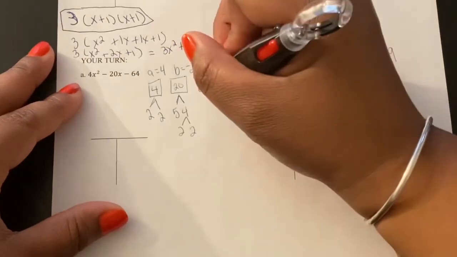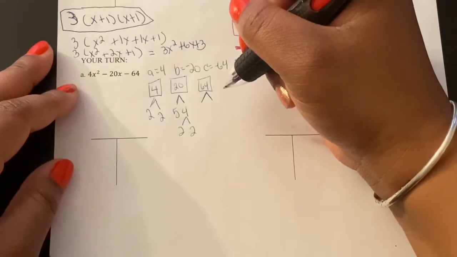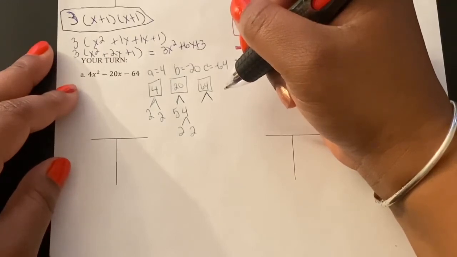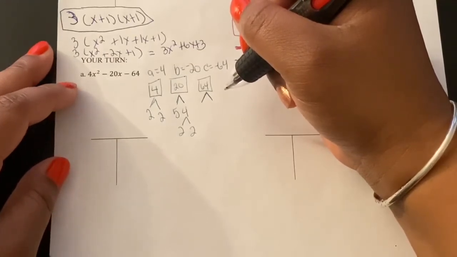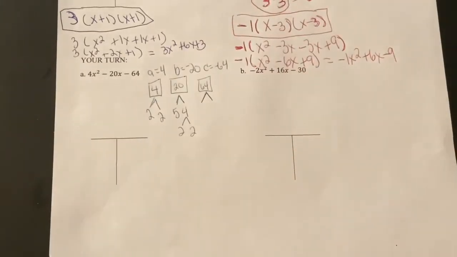Okay, 64, what's my largest prime factor for 64? You can use your calculator. That's what I'm doing right now.